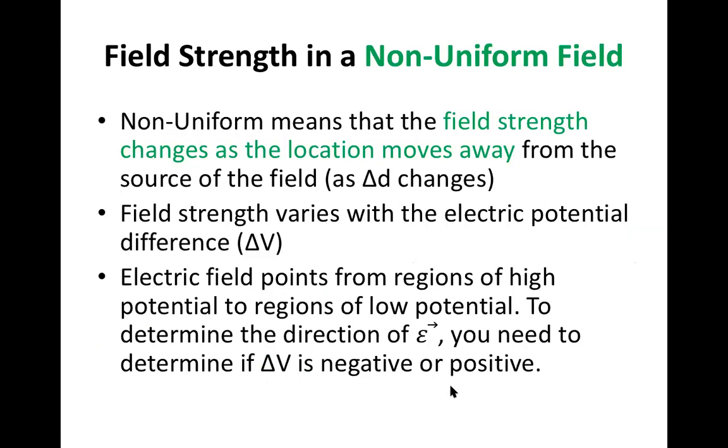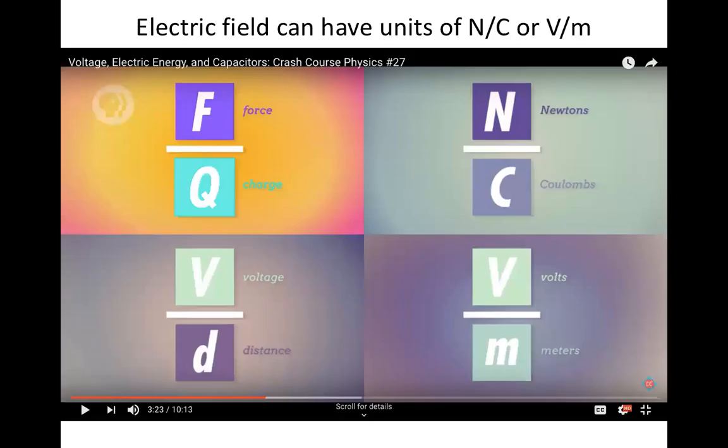So we have some examples. Non-uniform means that the field strength changes as location moves away from the source of the field, such as when delta d changes. The field strength varies with the electric potential difference, and the electric field points from regions of high potential to regions of low potential. To determine the direction of epsilon, you need to determine if delta V is negative or positive.